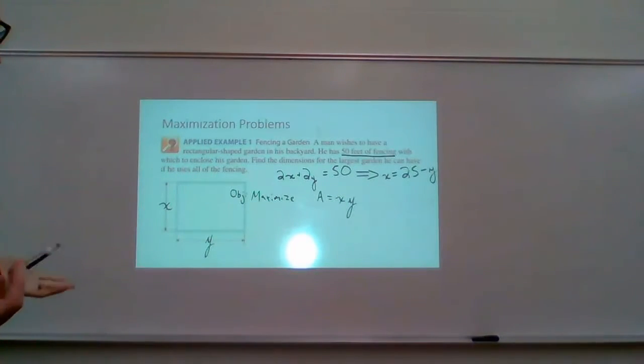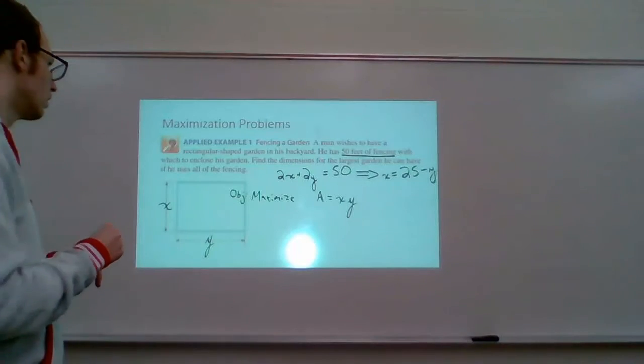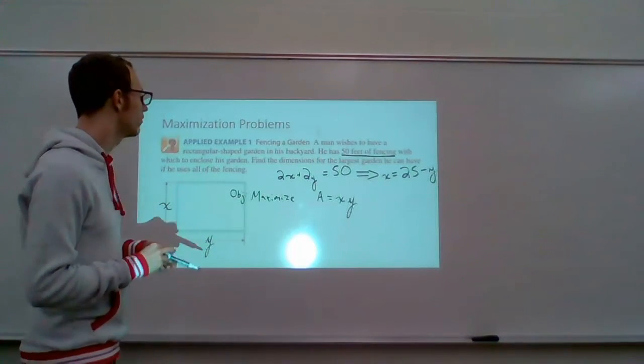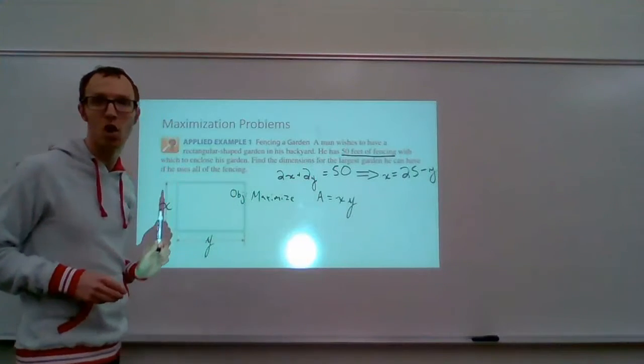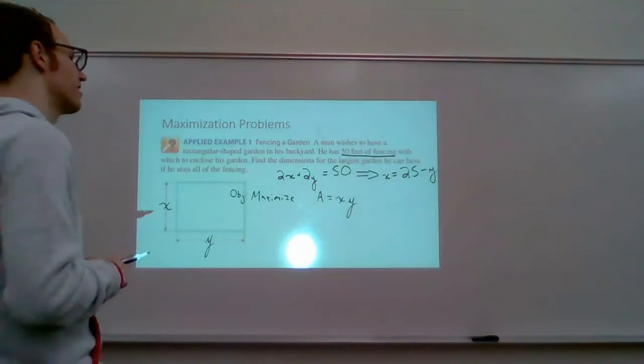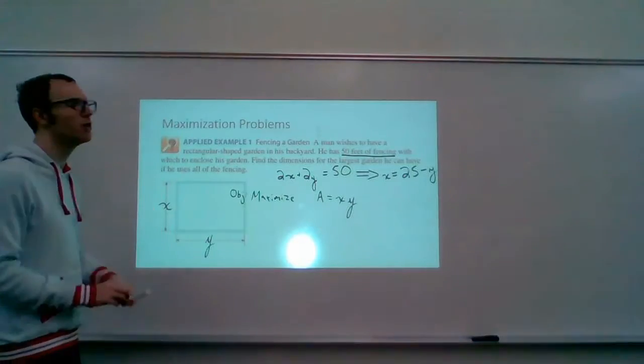Okay, to find the area of a rectangle, we multiply length by width. We know that. And so to maximize it, that is going to be our goal. We're going to want to find dimensions for the largest garden. That's our keyword, the largest garden. We're maximizing this area. But this has two variables.